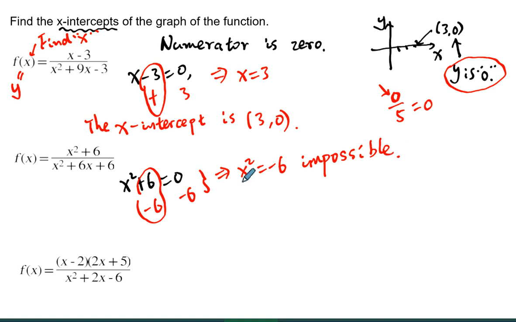Okay, because any number you plug in, positive, negative, even 0 here, you never get negative. Impossible. So in this case, the answer will be what? There is no 0 points.